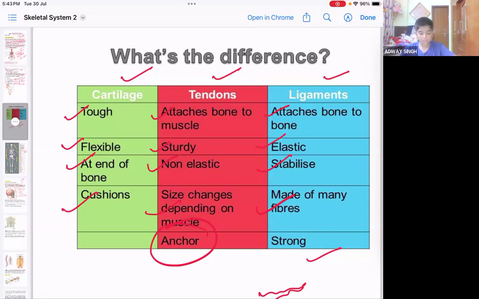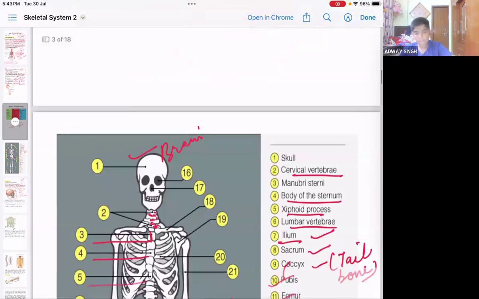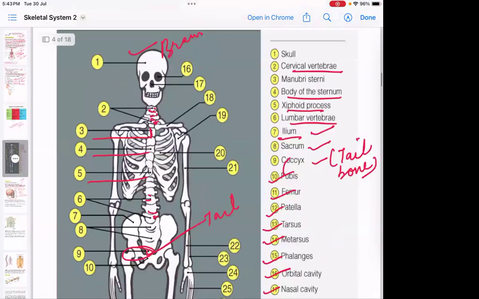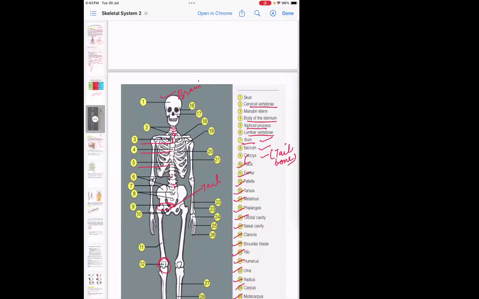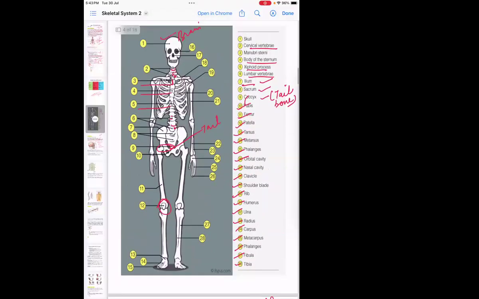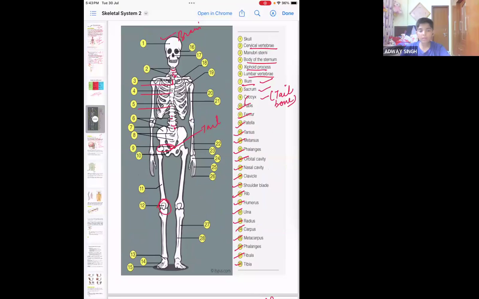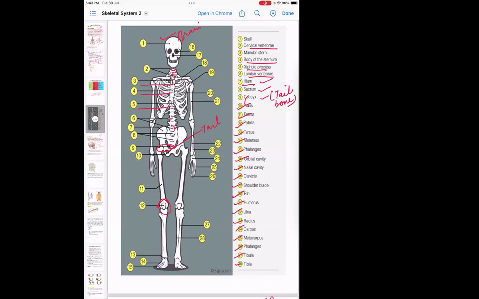These names you should also write, with the numbers written there, number 1 to 28. No, the diagram you should not draw because you will not be able to draw this. Just write the names.